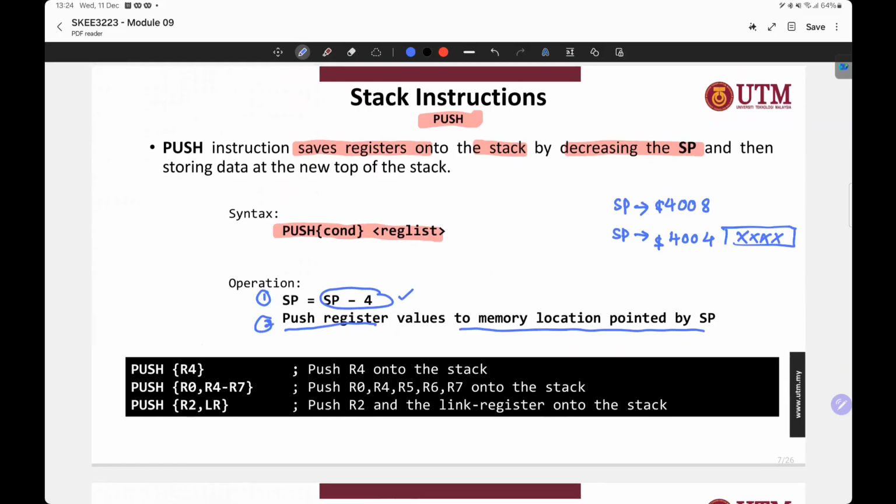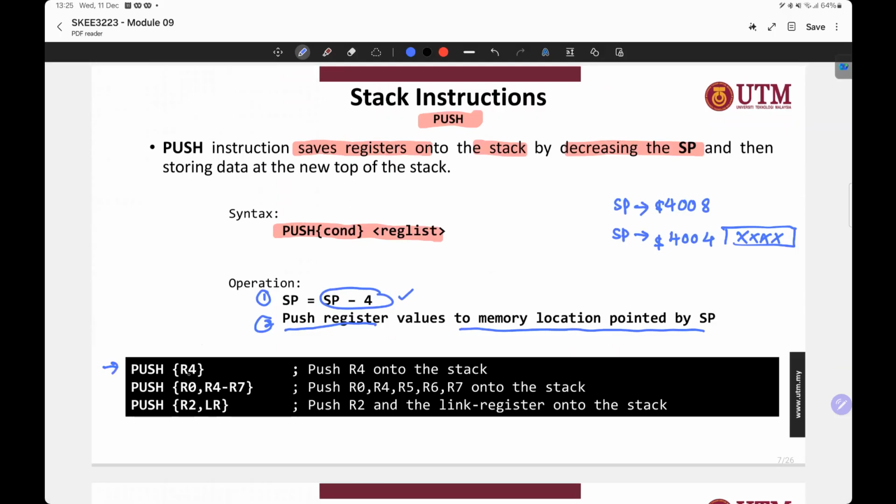So this is what the push instruction does. Let's look at these examples here. We have a few examples. PUSH R4 means you're going to push whatever value is in R4 to your stack memory. This is for a single register.